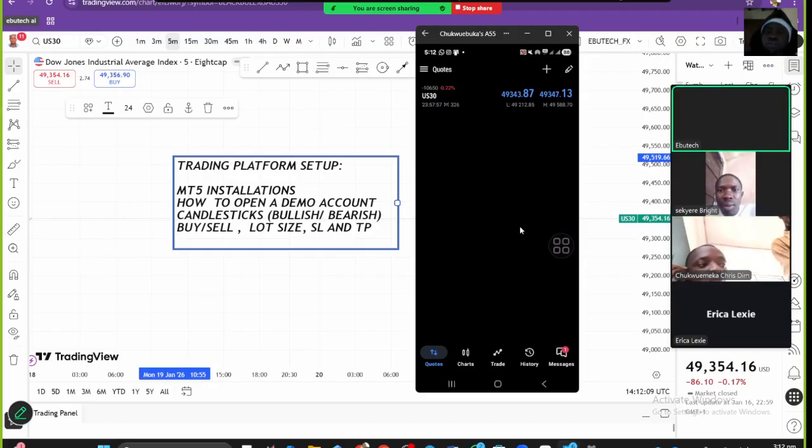Very good. So once you see quotes, this is where you see all your currencies, all the pairs that you trade. The reason why I asked you guys to put only US 30 is because we trade only US 30.